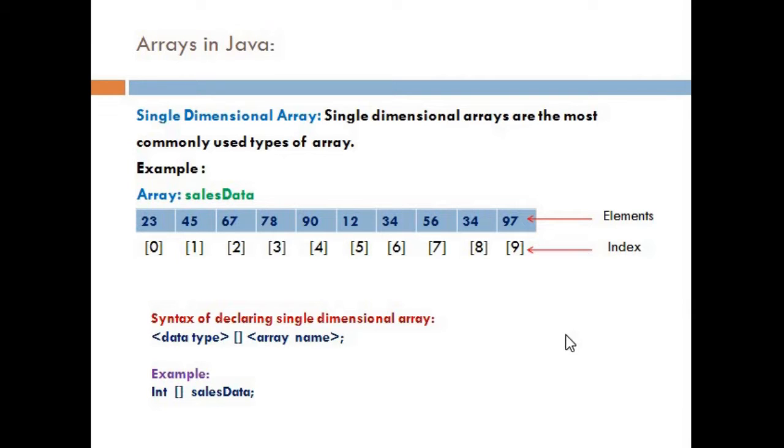What will be its last index? It will be 1 less than the total number of elements, which is 6, so the last index of that array shall be 5.